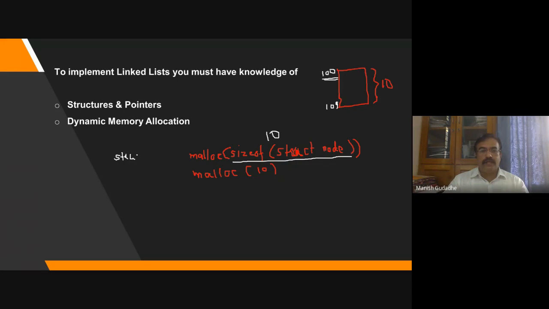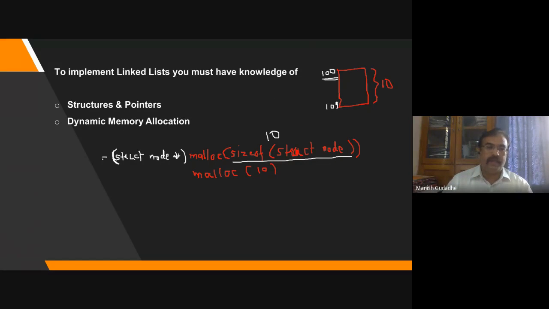I will have to write the data type to which I want to typecast it. Now the pointer which is returned is not a void pointer, but a pointer to the node.